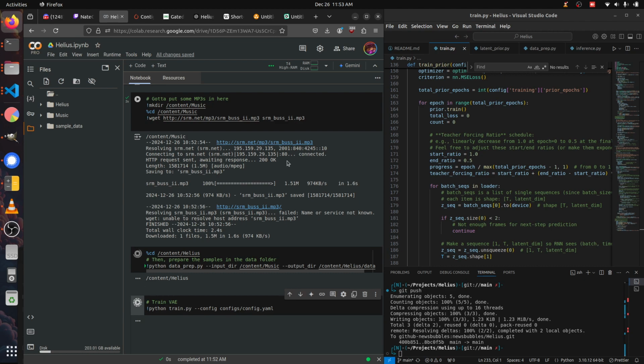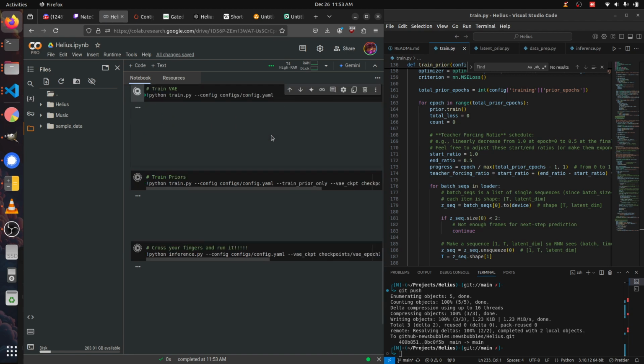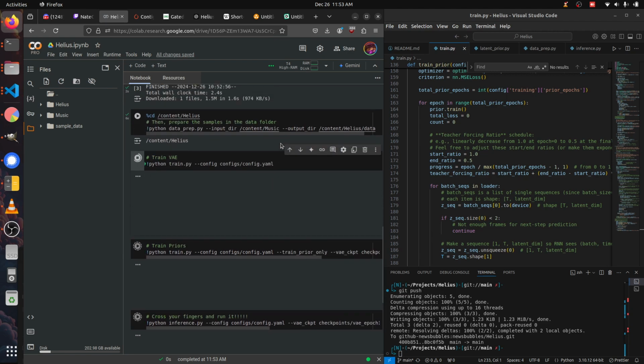And I think in the future I might be able to add guidance or something. All right, we're getting to the training part. It's training the VAE. It's going to do 100 epochs. And I think 100 epochs is good because we got that VAE to sound really great when we listened to it before.